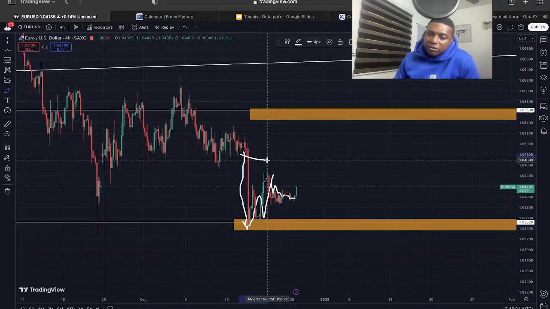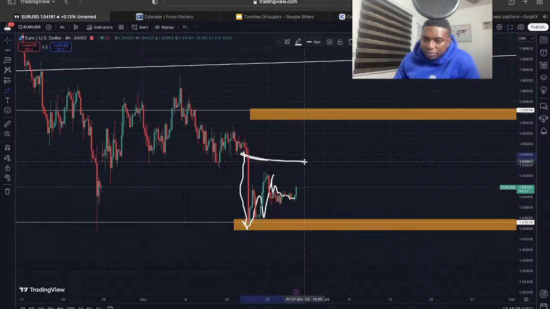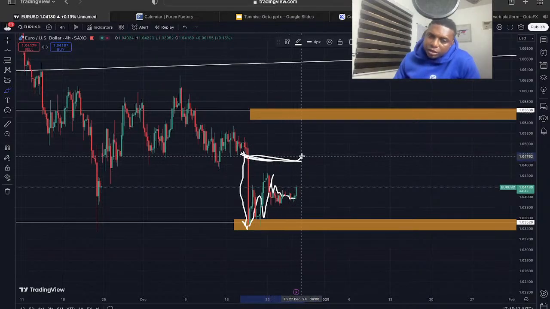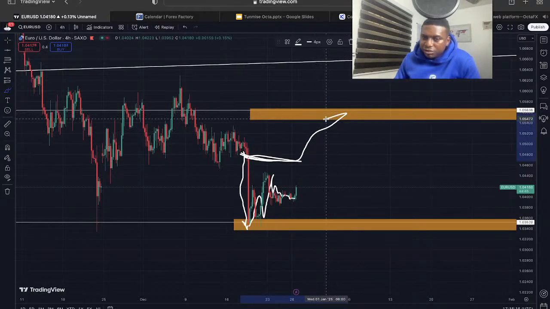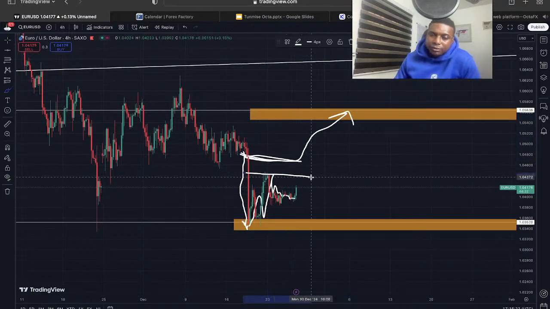I'm talking about this level. If price had gone up and closed above this level, then we might say there would be a reversal to this next resistance zone. However, the rally of price has only gotten this high.